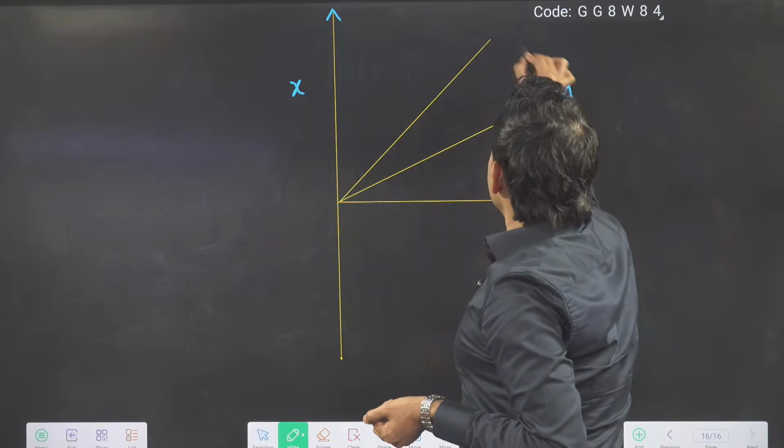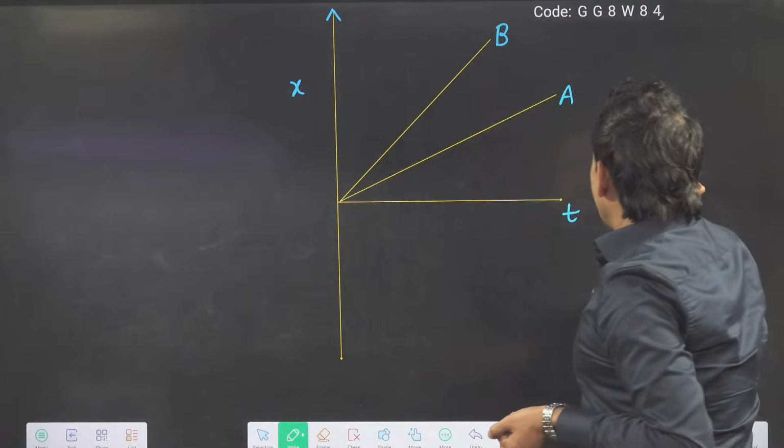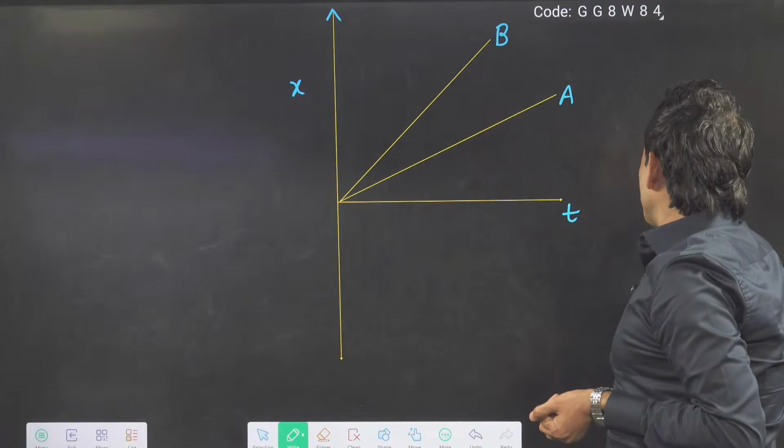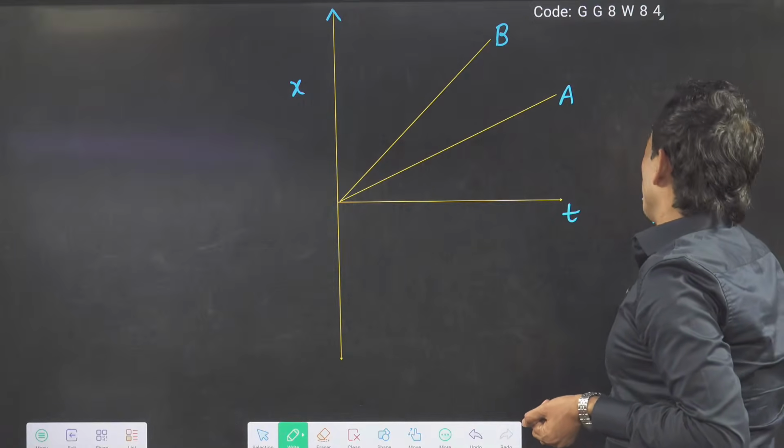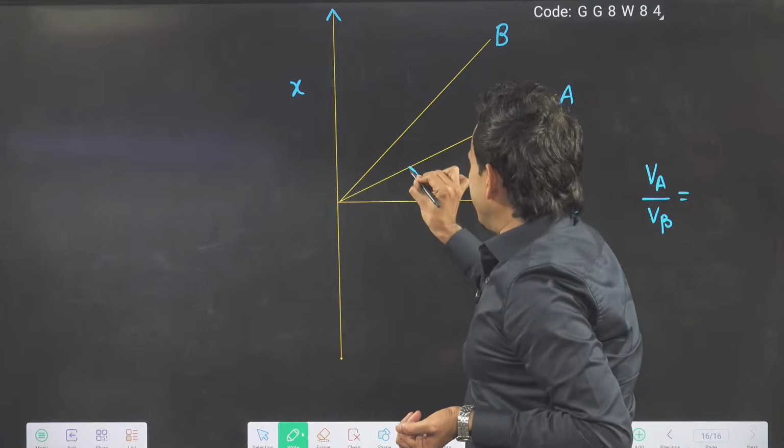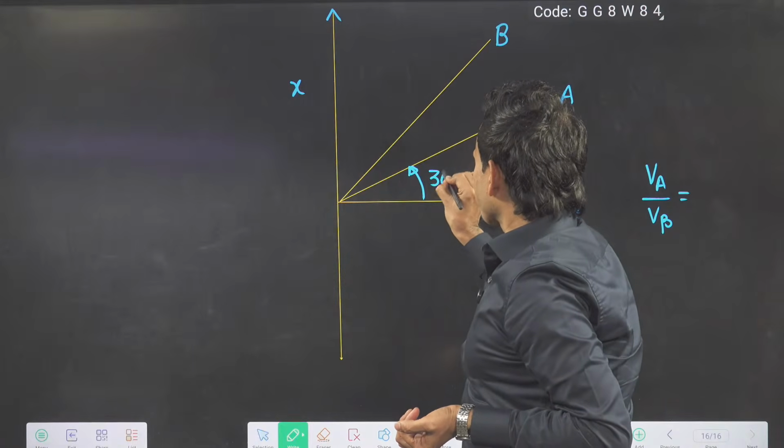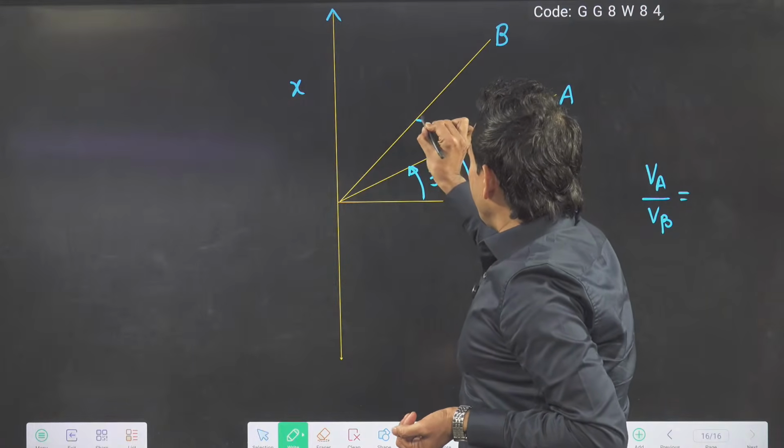This is for A, this is for B. Find VA by VB. You have to find the ratio of their velocities. This is a 2024 question, maybe the data I am giving is a little different. Find VA by VB.